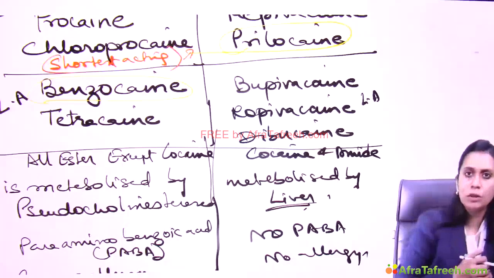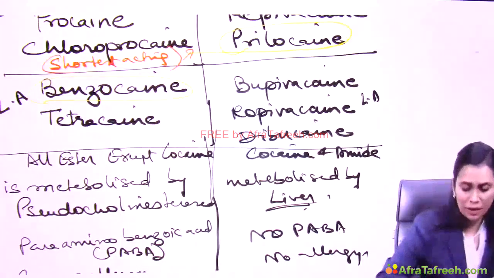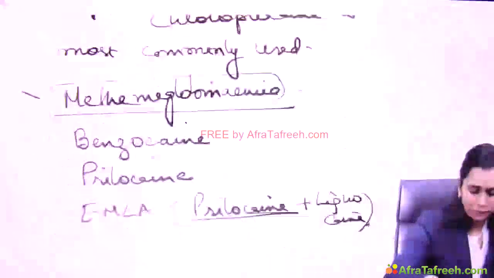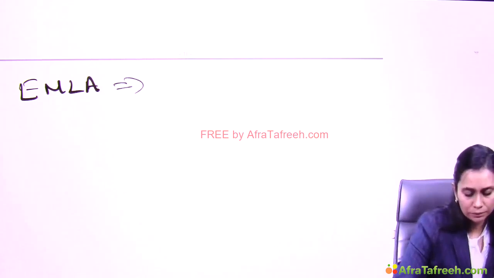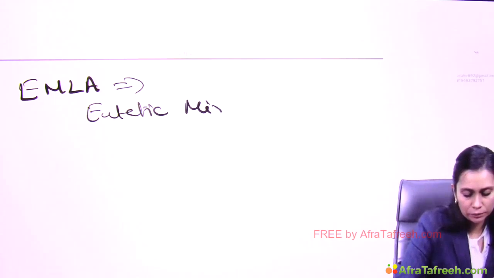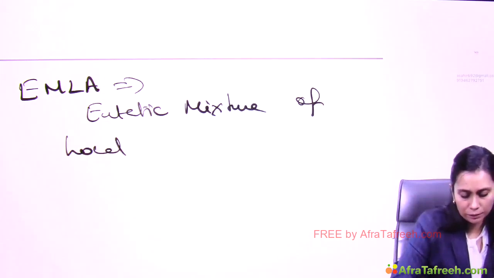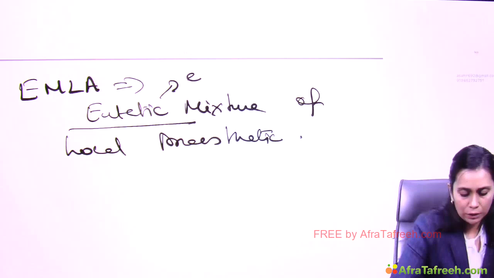Now, a very important combination local anesthetic which we need to talk about is EMLA. What is this EMLA? The full form of EMLA is eutectic mixture of local anesthetic. What do I mean by this eutectic? Eutectic means easily melted.